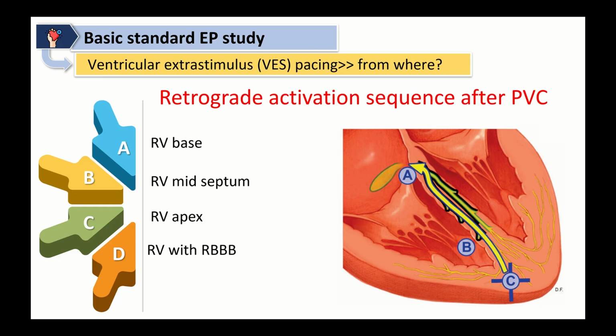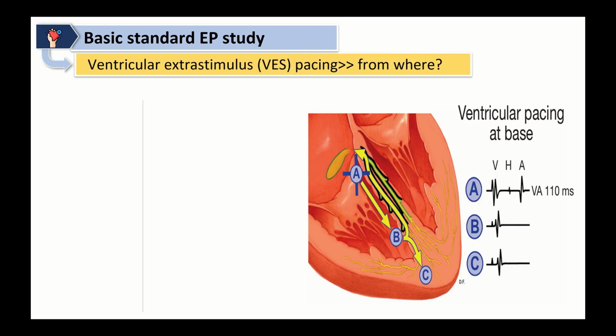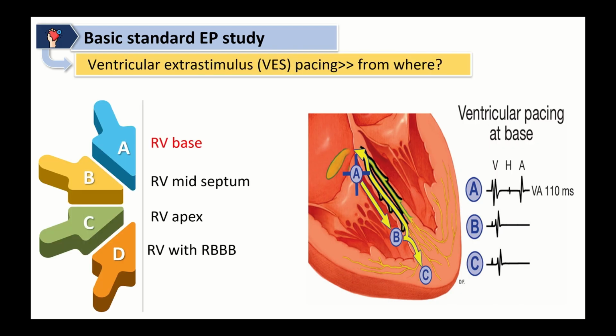So let's comment about the retrograde activation sequence: each activation ahead of or after ventricular activation, and what about the VA interval? Let's go to the first example, where we pace from the RV base.